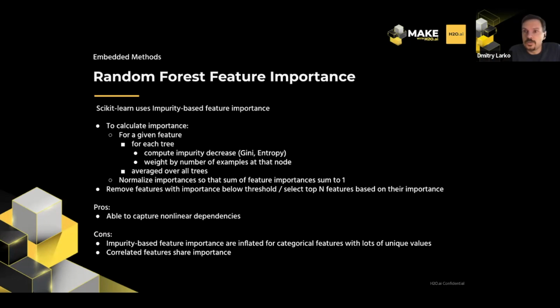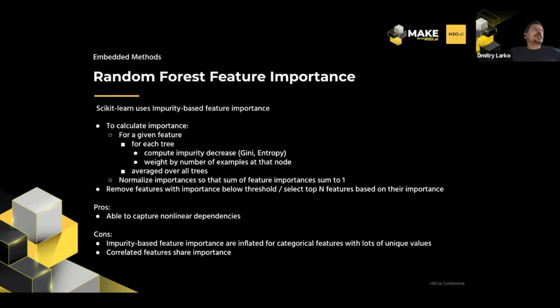If you have, guess what, highly correlated features in your data set, they're going to share the importance. So basically the importance is going to be split between these features, almost equally in some cases. It depends. If your features' correlation coefficient is 1, it's going to end up using one or another in every single tree, and the feature importance is going to be evenly split between them.